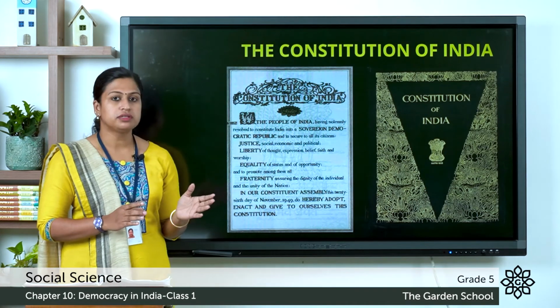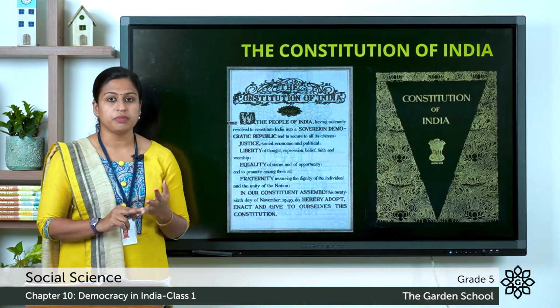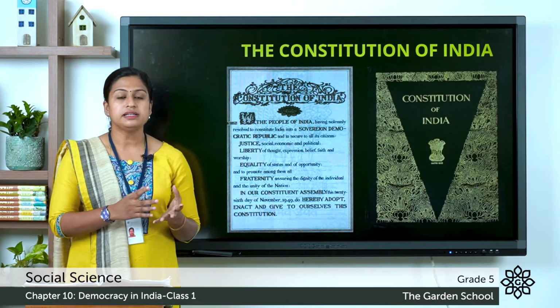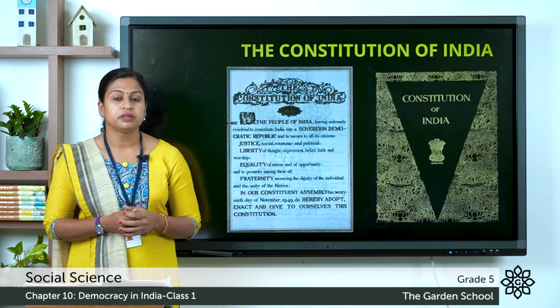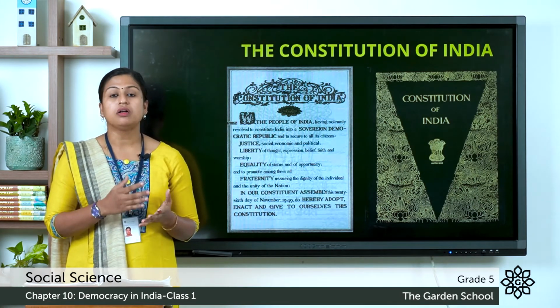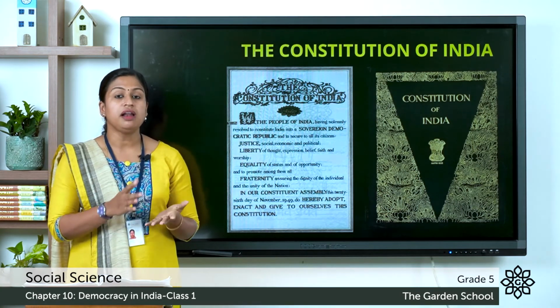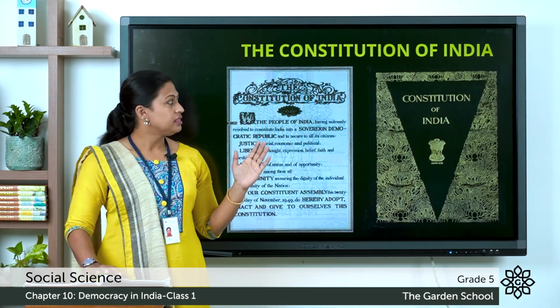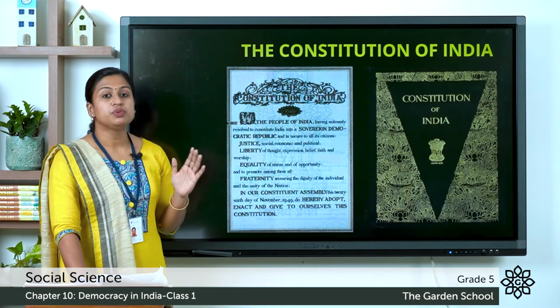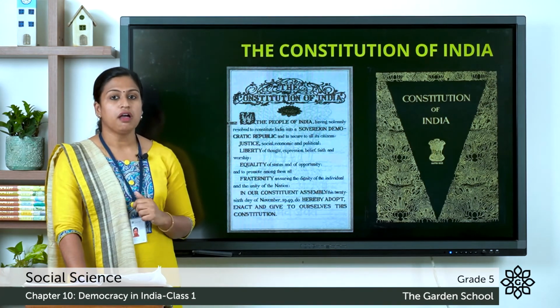It also shows the three branches of the government, how they work and what their powers are. The Constitution also tells the rights of the citizens. These are all written down, and it came into force on 26th January 1950.